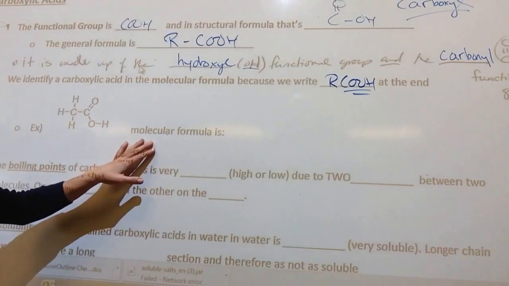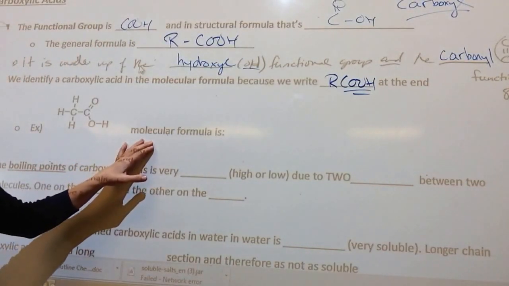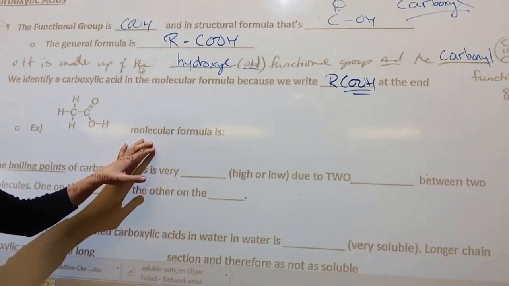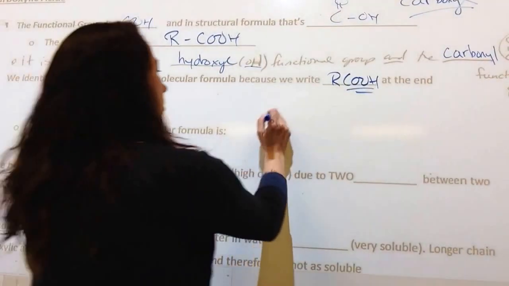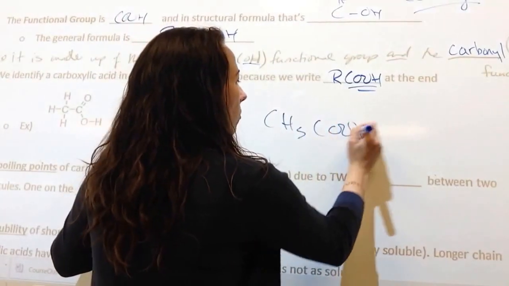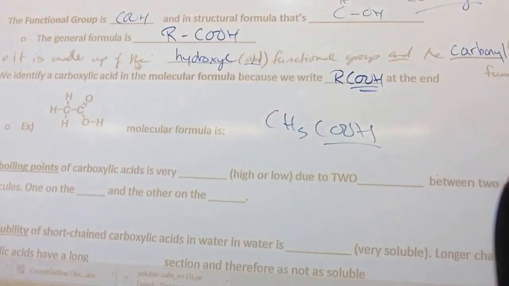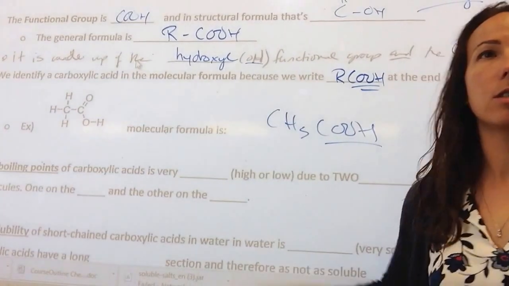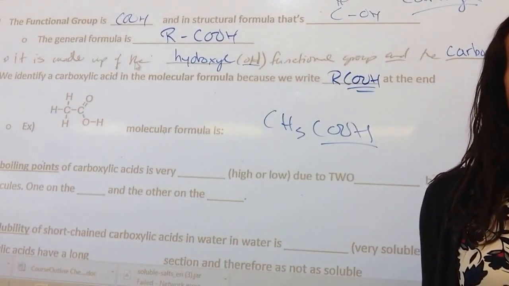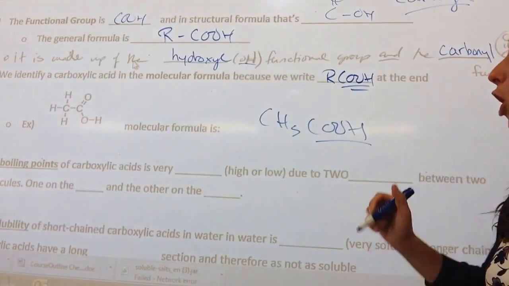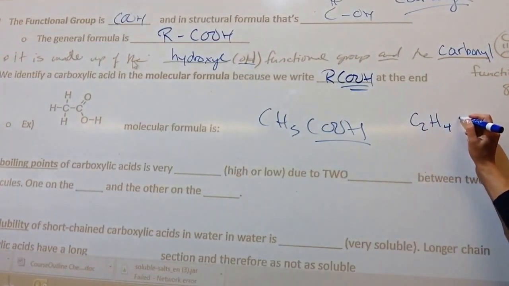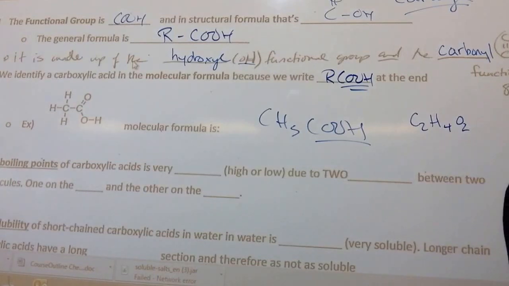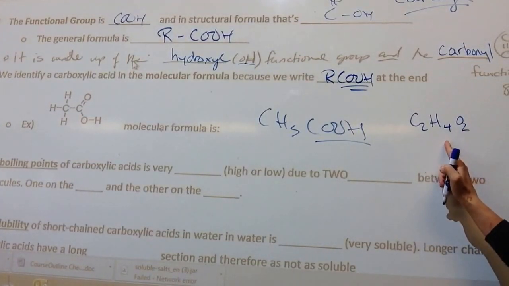So the molecular formula for this would be, how would we write this? We want the aha. So what do we put at the end? Good. We put the COOH at the end, and the rest is just there. We do not put C2H4O2 or another combination, because this does not give me an aha of any kind.